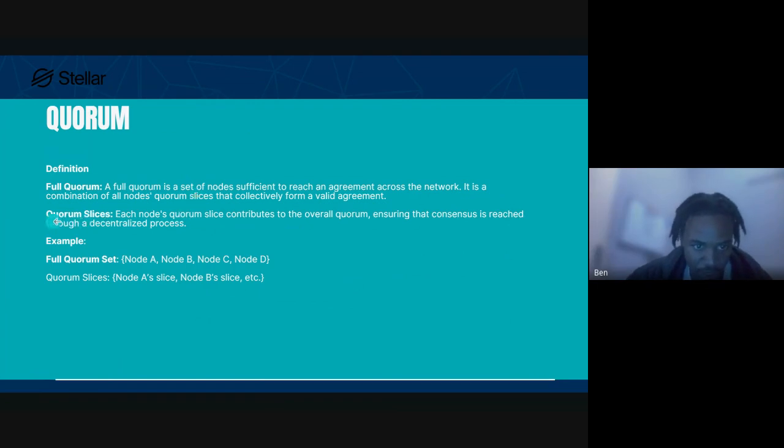And then there are quorum slices. Each node's quorum slice contributes to the overall quorum, ensuring that consensus is reached through a decentralized process. For example, a full quorum set is not A, not B, not C, not D, but a quorum slice is not A slices, not B slices, and so on. Does it make sense? Any questions so far?